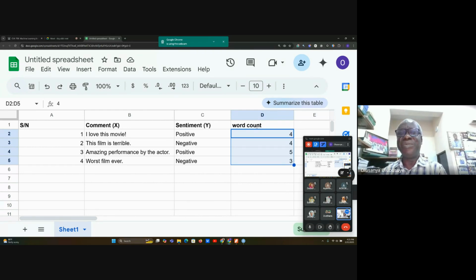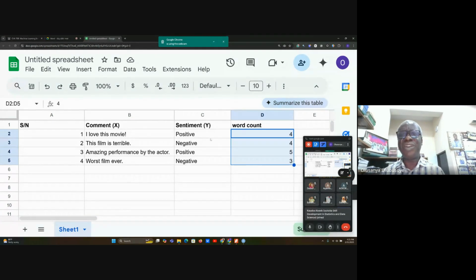So if, for instance, we want to analyze word count and comment, then since word count is measured on a continuous scale or as a count, we cannot use logistic regression.